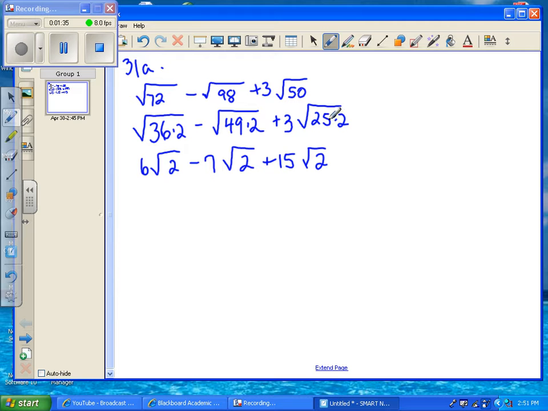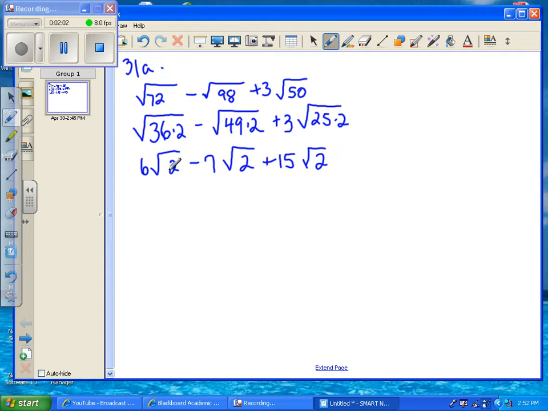Again, I took the square root of 25, it was 5, I multiplied it by the number outside, that gave me 15. Now these are like radicals because they have the same index, a 2, and the same radicand, a 2. So now I'm going to add and subtract the coefficients. It's sort of like treating your radicals as if they were variables. If I had 6x minus 7x plus 15x, I would just add those coefficients.